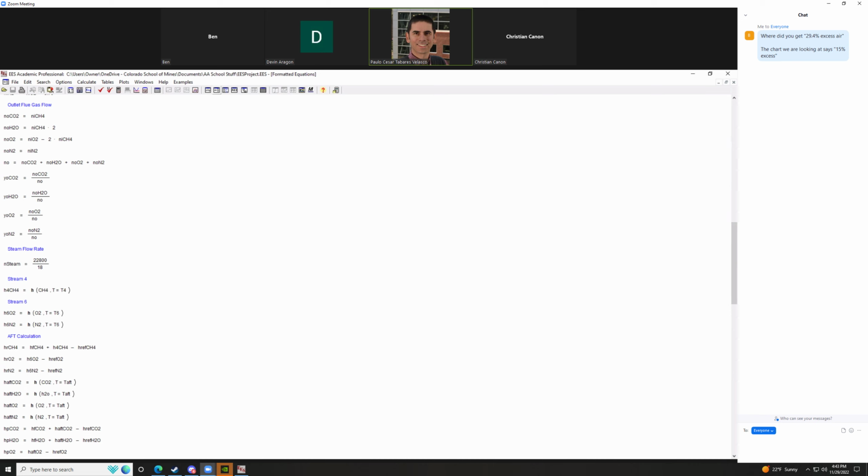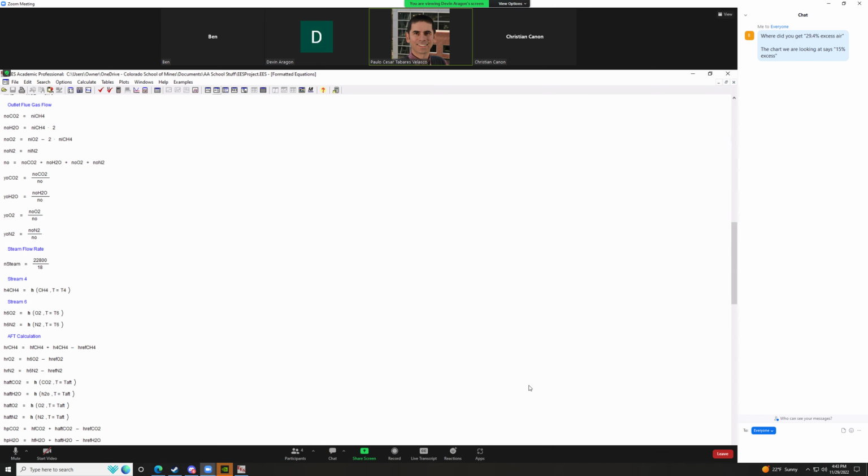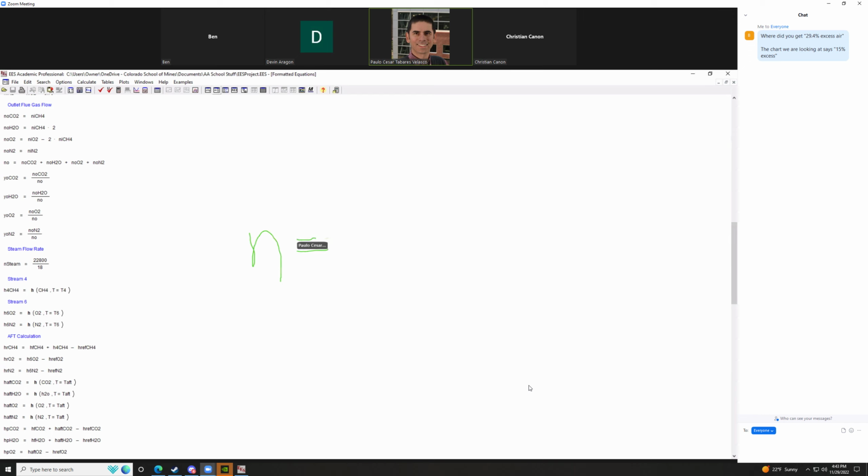Another thing you can do is just calculate a simple efficiency of the boiler, right? The first law efficiency of the boiler, which is H steam in minus H steam out, divided by, actually that'll be my mass flow rate of the steam on that one, and the mass flow rate of the flue, and then flue in minus flue out. Again, you guys have different numbers and so on.